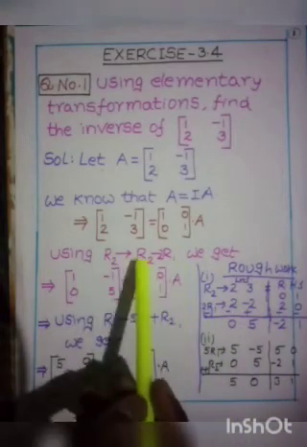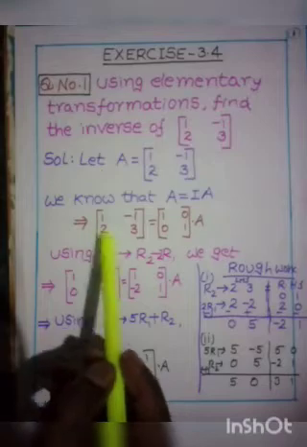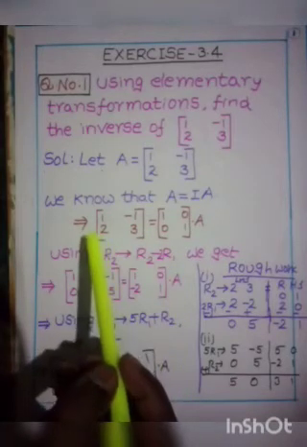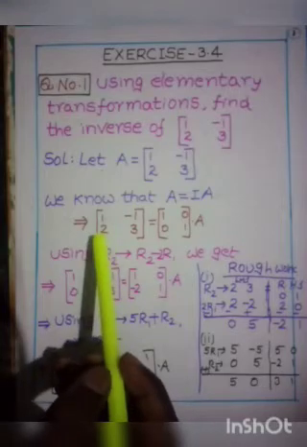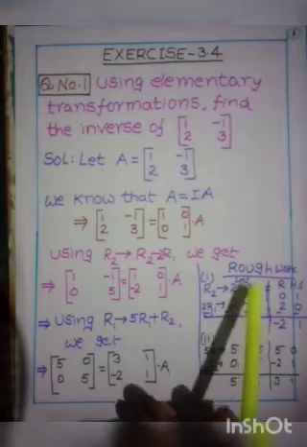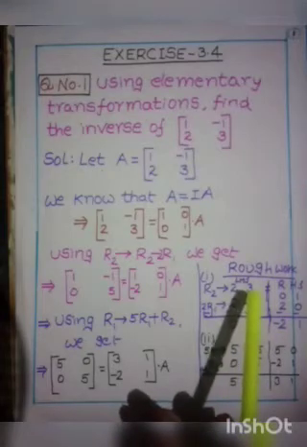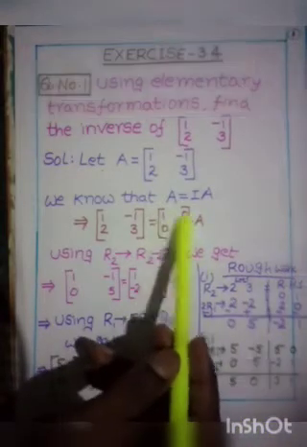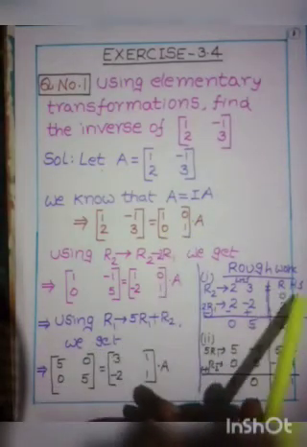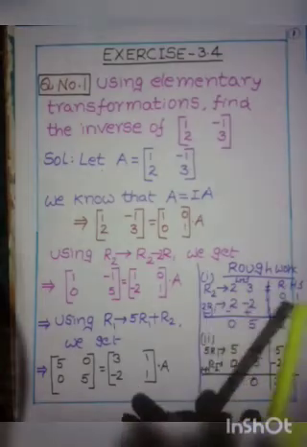First term is R2, means we have to write R2 elements in LHS. What are the elements in the second row, R2? 2, 3. I wrote here 2, 3. Similarly, in RHS, in the second row, what are the elements? 0, 1. I wrote here 0, 1. Understood this step, my children?